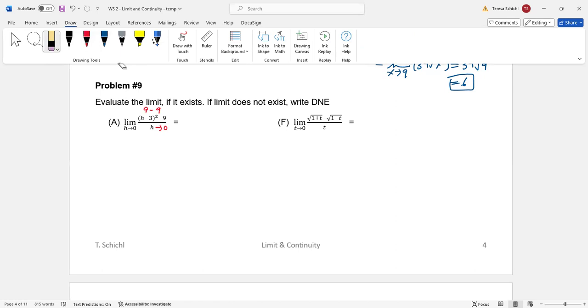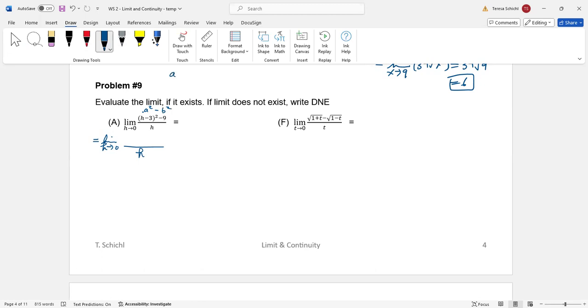We use this problem to refresh what we did in lecture number 2. There are several different methods. You can factor it because this is a squared minus b squared, where b is 3 and a is h minus 3.